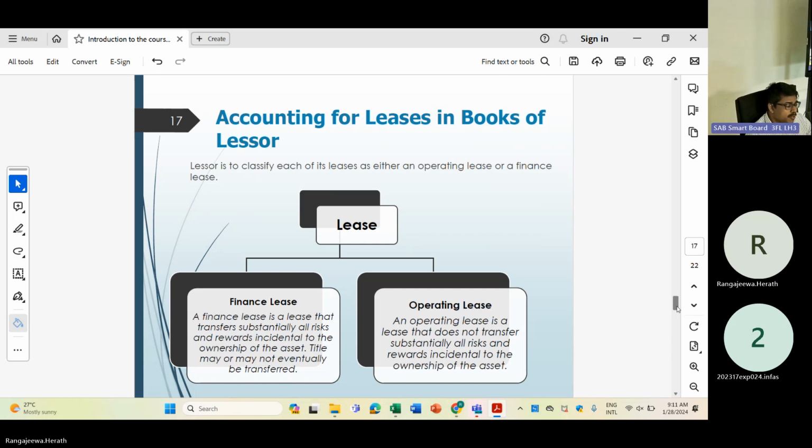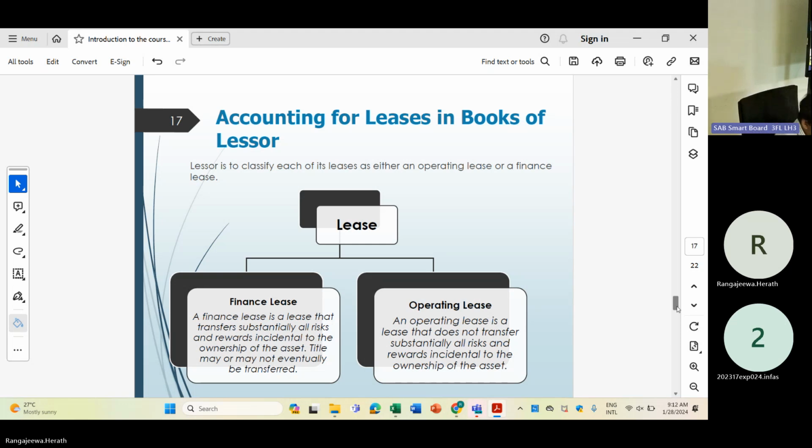When it comes to lessor, the accounting treatment will be based on the type of lease. So we have to first classify lease, either finance lease or operating lease. You know, lease is an agreement where one party transfers right of use asset to another party.